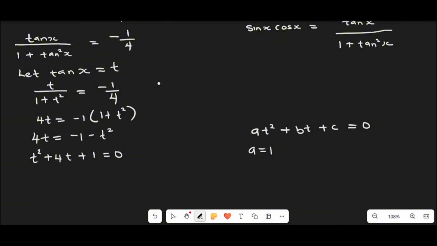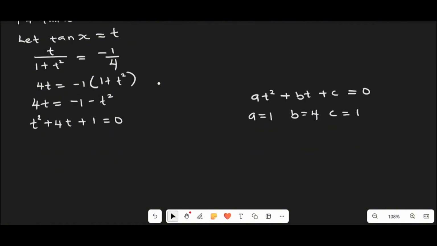So our b is 4. B equal to 4. And here our c is 1. So c equal to 1. Now I want you to recall the quadratic formula, which is t equal to minus b plus or minus root b square minus 4ac over 2a.